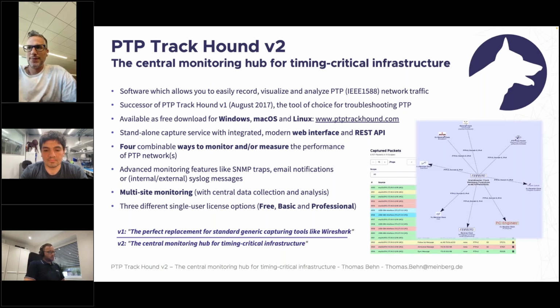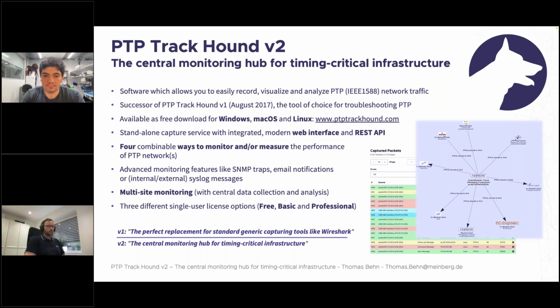Version 2 is available as a free download for Windows, Mac, and Linux on ptptrackhound.com. All you need to do is enter your email address, name, and company, and you will get an email with the download links for all the platforms. One of the main differences of version 2 compared to version 1 is that version 2 now offers a standalone capture service.